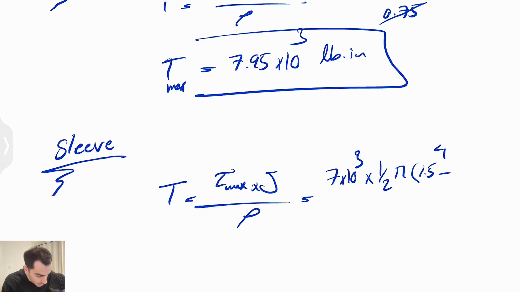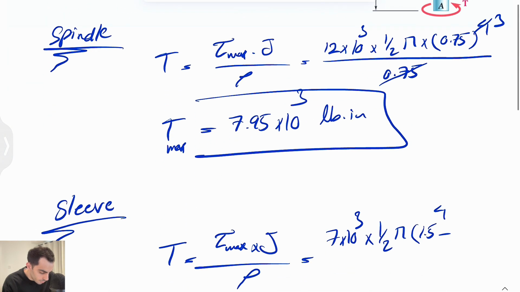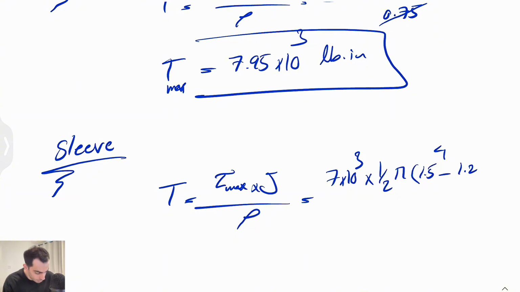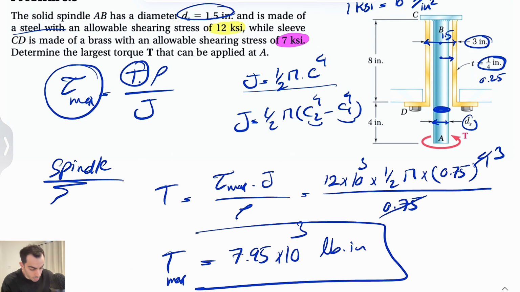the inner radius, with this distance. So we figured that this is 1.5 and the thickness is 1/4, or 0.25. So 1.5 minus 0.25 is going to be 1.25 to the power of 4, over, again, keep in mind that the radius that we have in here is the outer radius, so it's going to be 1.5.